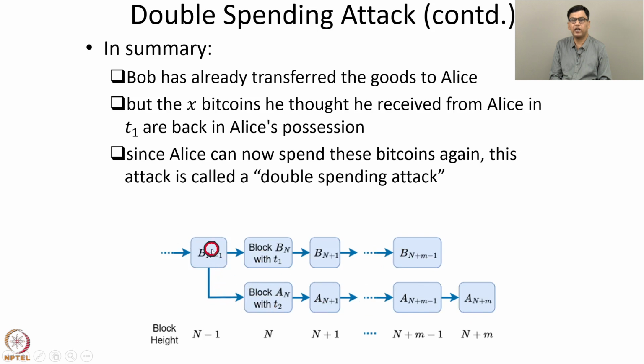So Alice must be a miner with a lot of resources to be able to compete with all the other miners collectively and add blocks at a faster rate. That is typically difficult for most miners. Only a miner with a huge amount of resources can hope to achieve the double spending attack with a high probability.